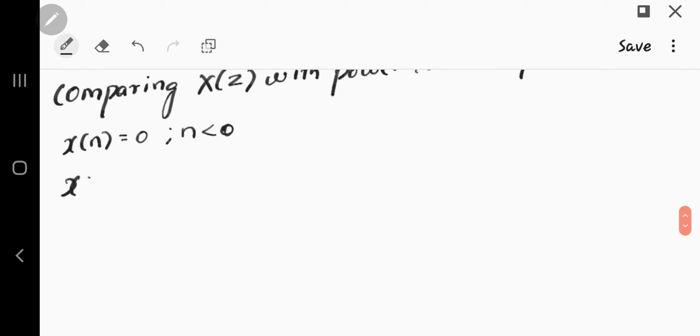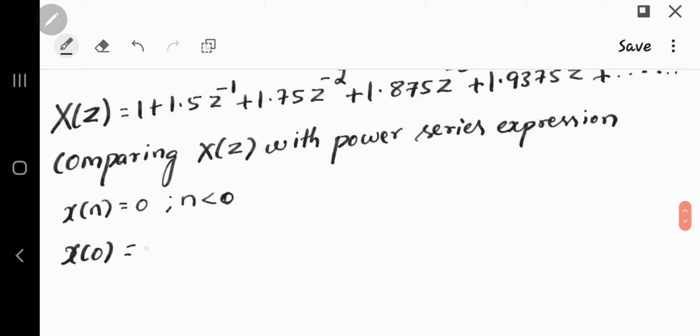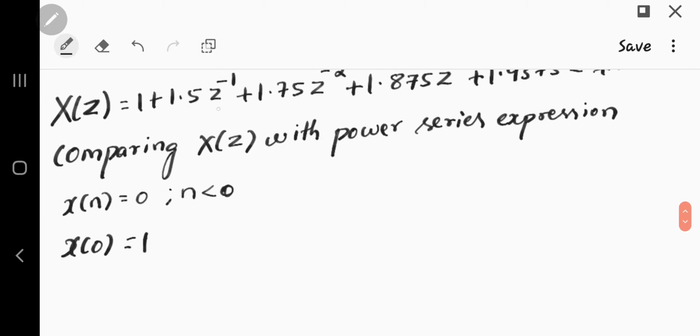Now x of 0, comparing this, in place of x of 0 we have 1 here. Now the coefficient of z inverse is 1.5, that is x of 1 is equal to 1.5, or you can just write it side by side. X of 1 is equal to 1.5.